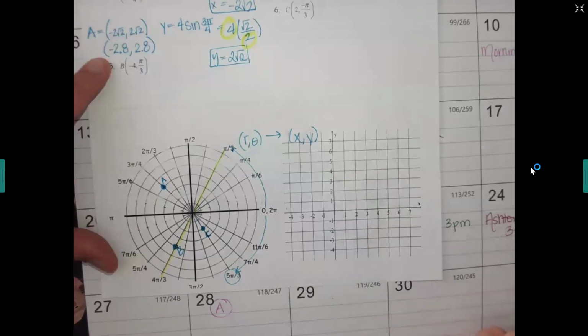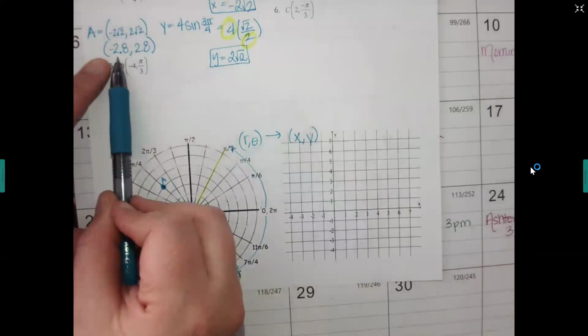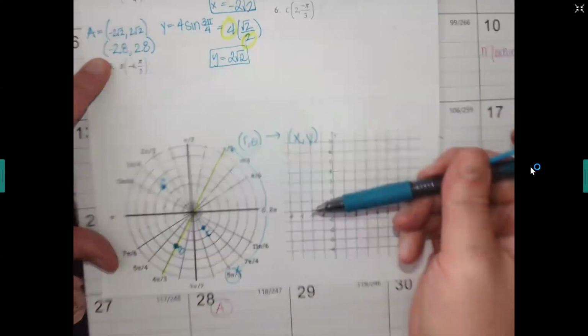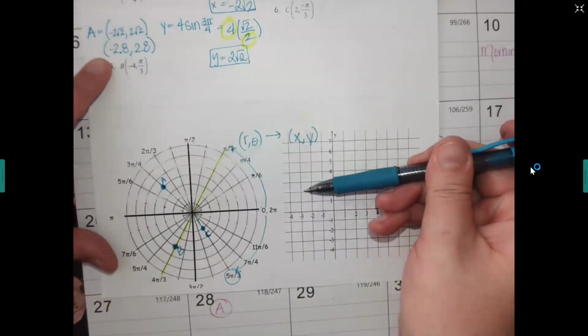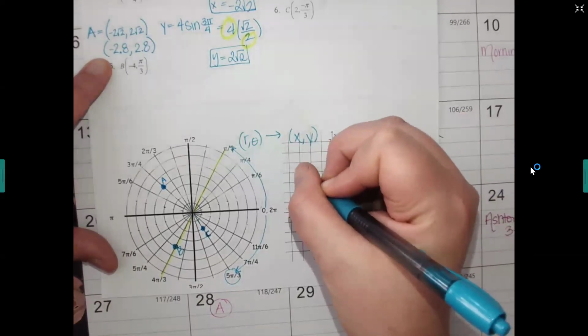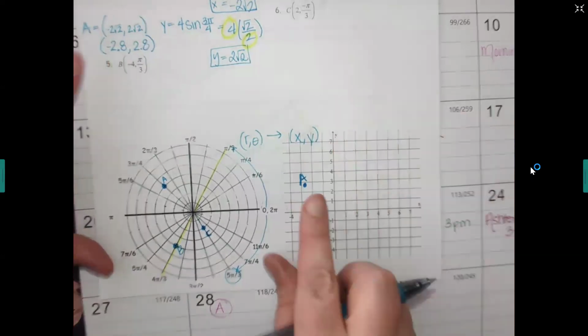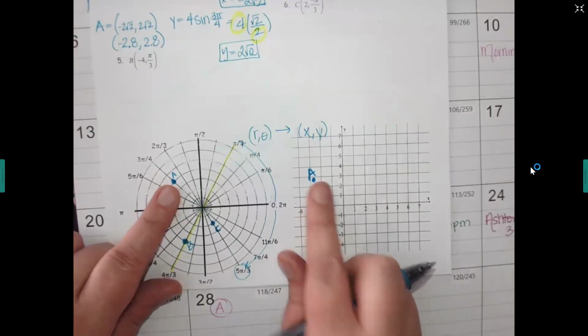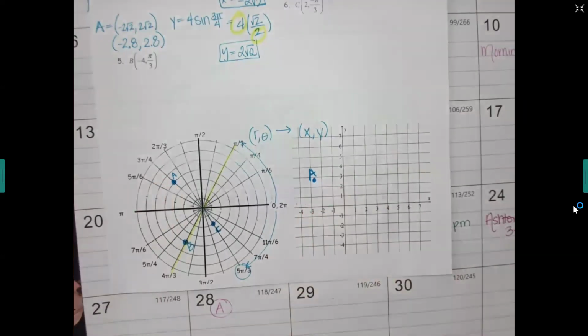So let's see. I'm going to go to the left 2.8. So that's 1, 2, we'll say 0.8. And then I'm going to go up 1, 2.8. That puts my point A in literally the exact same position that it was in when I mapped it in polar. So this is polar r theta, this is xy, but you can see from the graphs that they ended up basically in the exact same position.